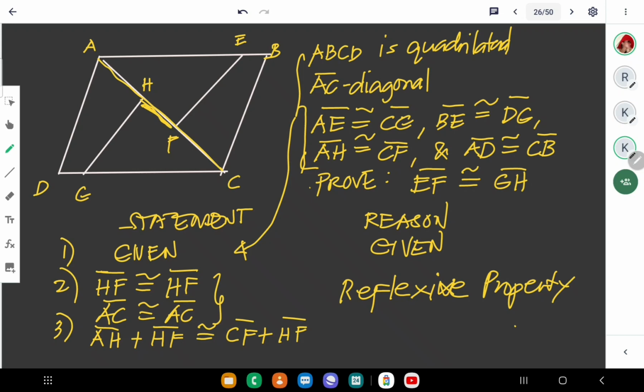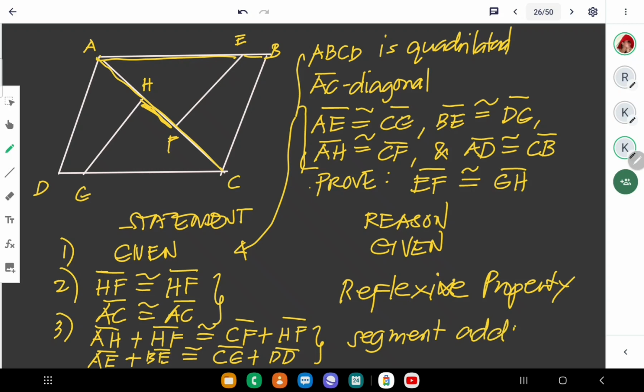And then AE plus BE is congruent to segment CG plus DG, because these two sides are congruent and parallel. So our reason would be segment addition.